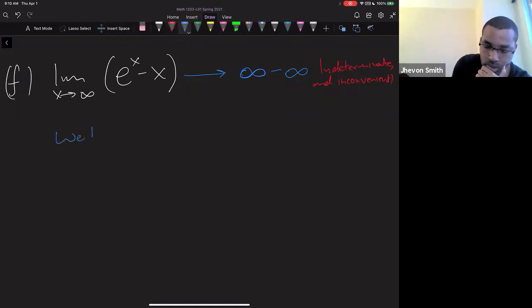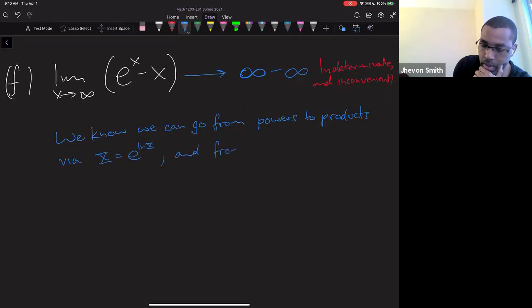So we know we can go from powers to products via this guy equals e to the ln of that guy. And from products to divisions via the reciprocal trick.